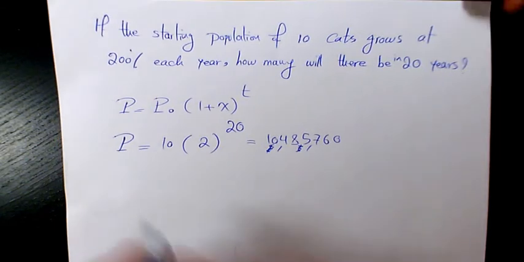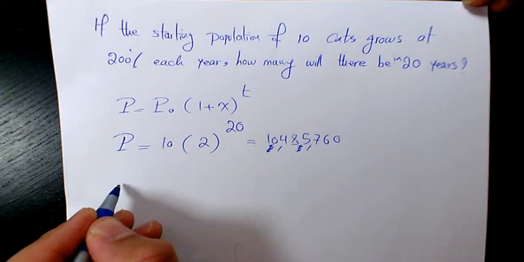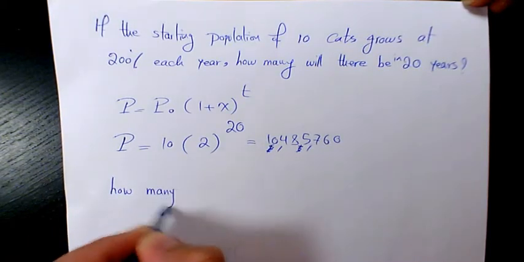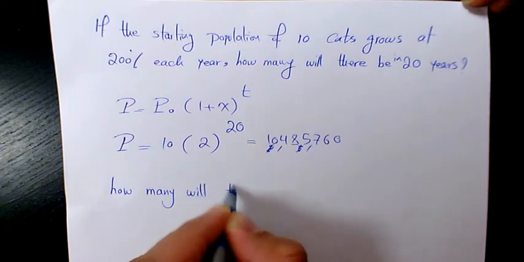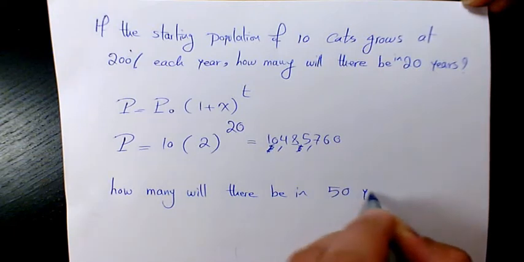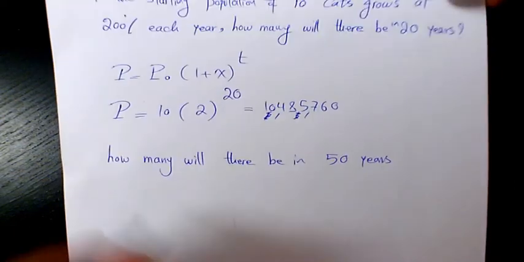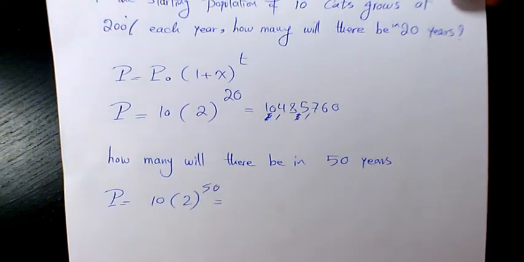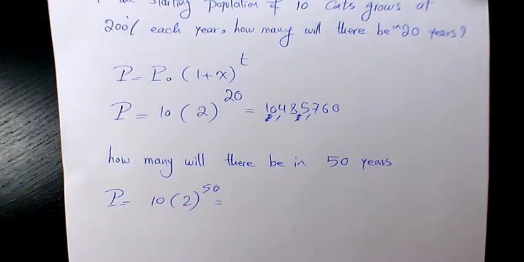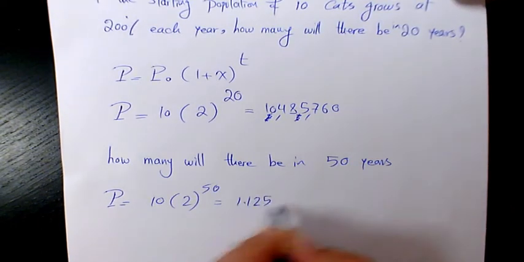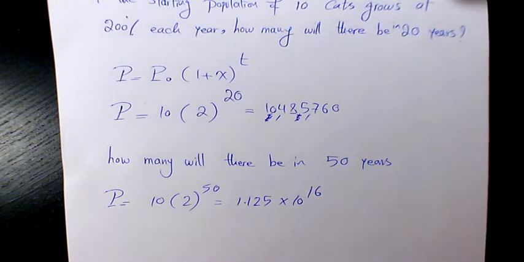And then if you want to find out in 50 years how many there will be, you're going to say P equals 10 times 2 to the power of 50. So that's going to be 1.125 times 10 to the power of 16. So it's going to be a lot.